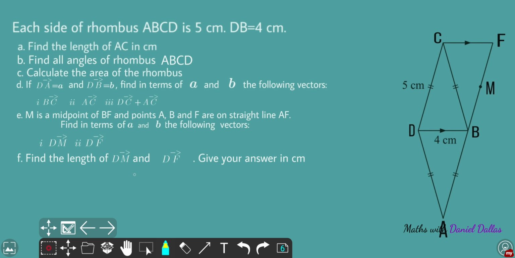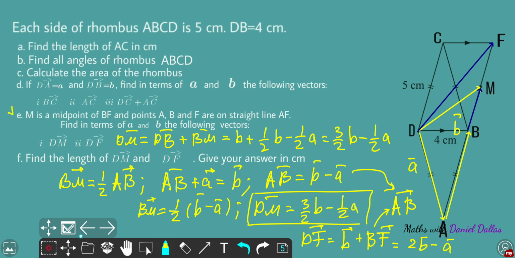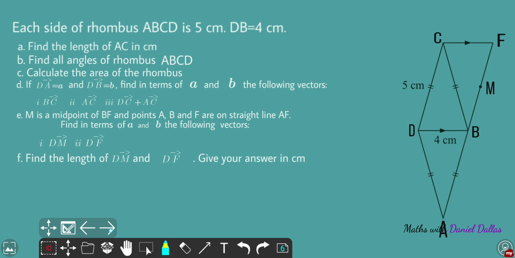The lengths could be worked out using triangle rules, or, let me see, if we know vector B, we have no idea. So we need to use trigonometry. We don't have any coordinates for the vectors, so unfortunately we cannot use the vector approach. So for F, we're going to use trigonometry, obviously.